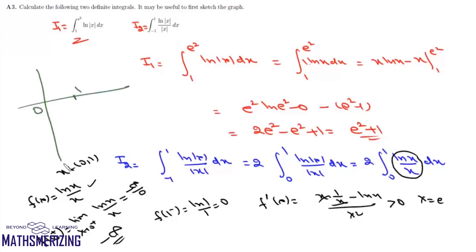It'll start from minus infinity and it'll go all the way up to 0. Now this definite integral I2 is nothing but 2 times this value with a negative sign. Now this is unbounded, and when this is unbounded, this value approaches minus infinity. So this second integral is not bounded and its value approaches minus infinity, and that is the answer to this question.